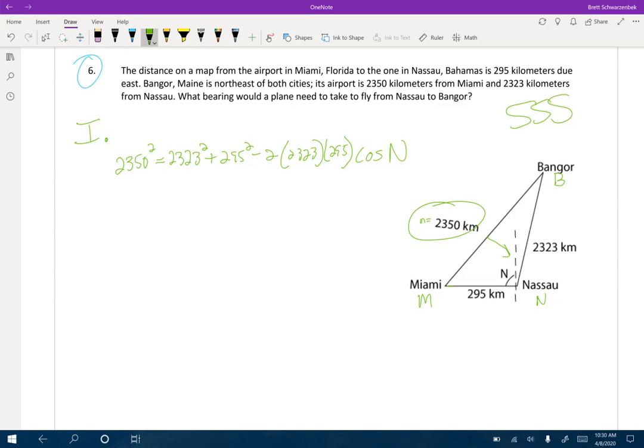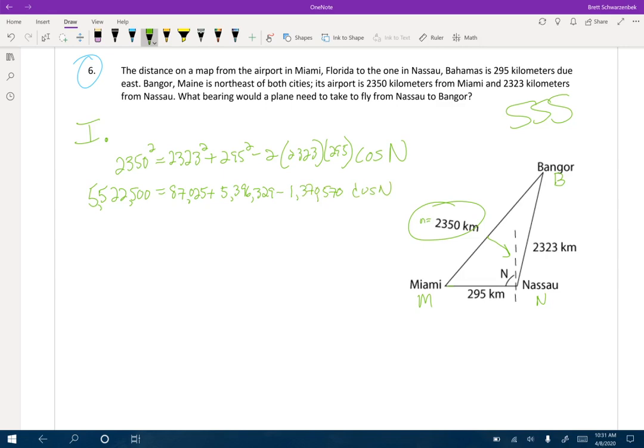Okay, we do some work for this. When we square these, the sides are enormous, so stay with me. This is going to be 5,522,500. If we take these other two here, we're going to get 87,025, and 5,396,329, minus 1,370,570 times the cosine of n.